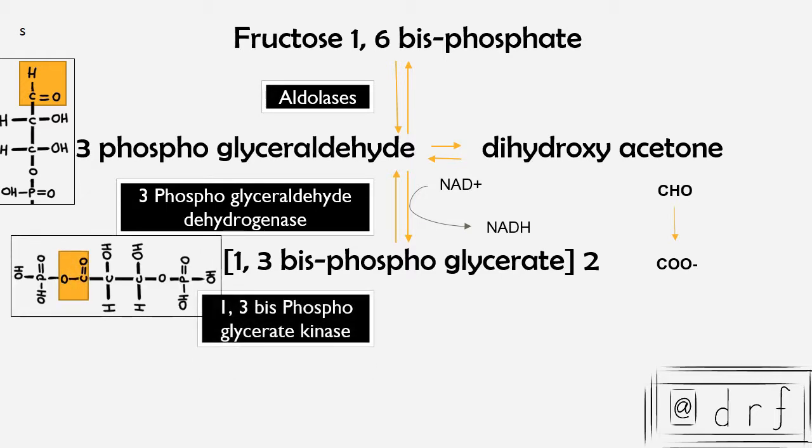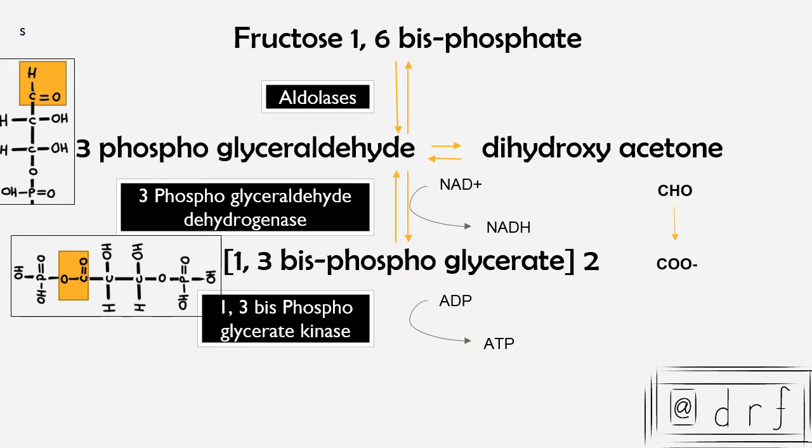Moving forward, 1,3-bisphosphoglycerate in the presence of another kinase enzyme converts ADP, that means adenosine diphosphate, into ATP. Here, this kinase enzyme is not taking a phosphate group from ADP, it is donating a phosphate group to ADP and it is synthesizing an ATP molecule.